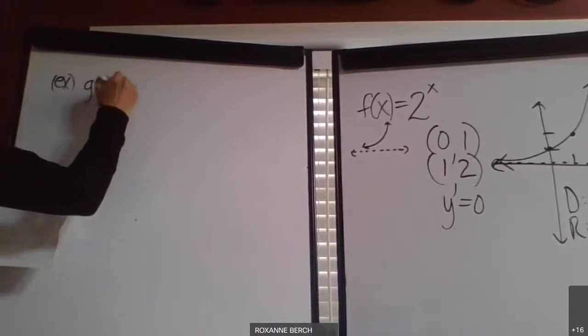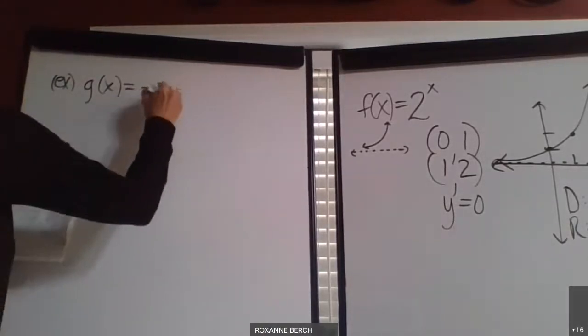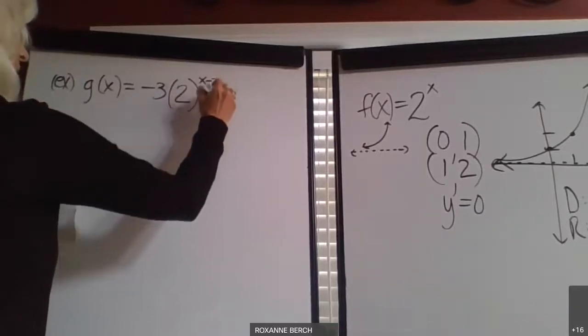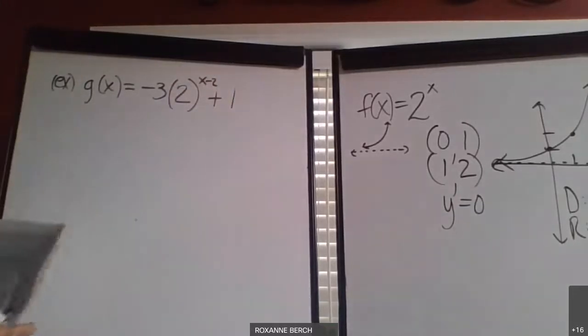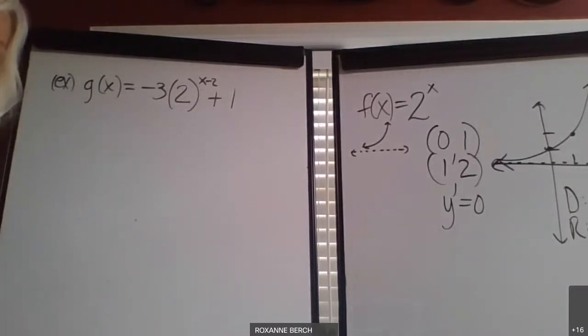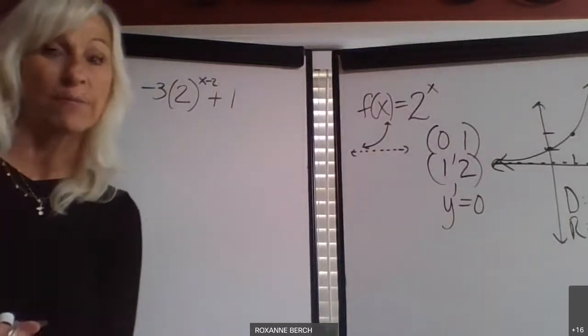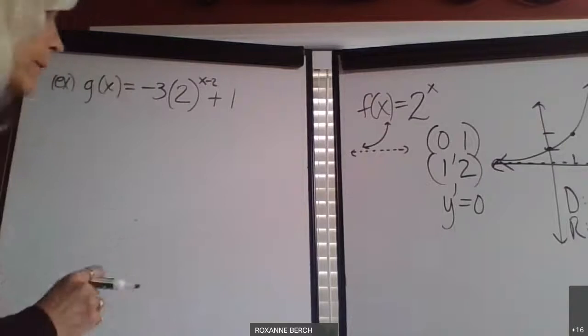So they're saying g of x is equal to -3 times 2 to the x minus 2 plus 1. The first thing we're going to do is take a look at the parent points, and then we're going to do the transformations in the correct order, which is going to be form 1. So here we go.